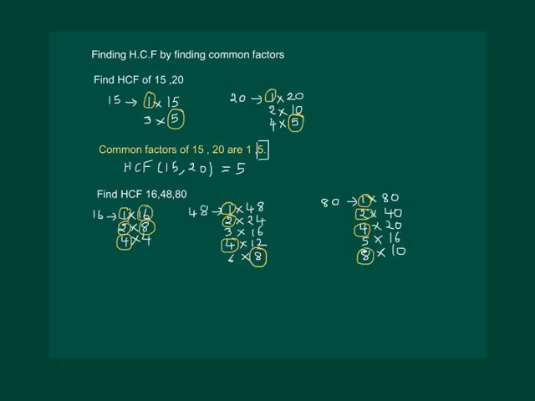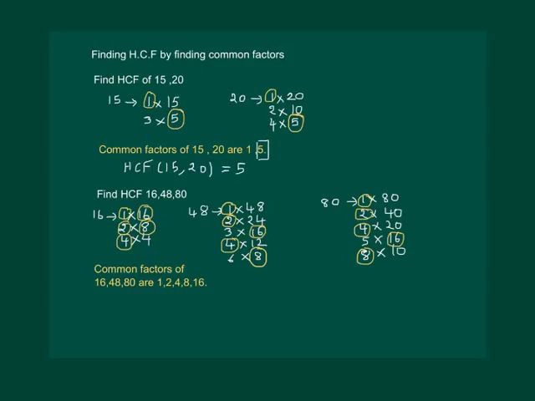And 16 is also a common factor. So we find that 1, 2, 4, 8 and 16 are the common factors of 16, 48 and 80.